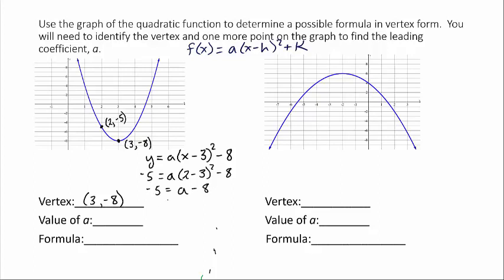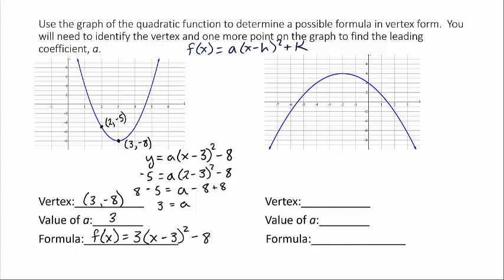And I'm going to add 8 to both sides. Okay, so 8 minus 5 is 3. So 3 is equal to a. Right? So that means our formula would be f of x equal to 3 times the quantity x minus 3 quantity squared minus 8.